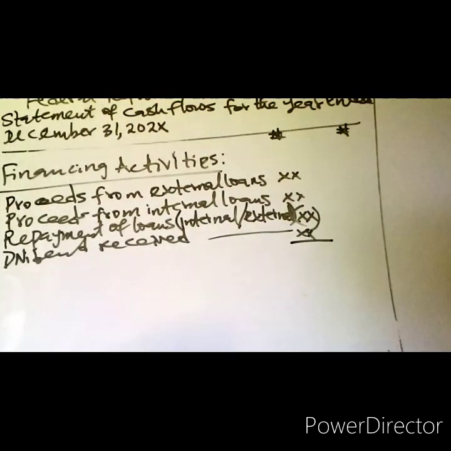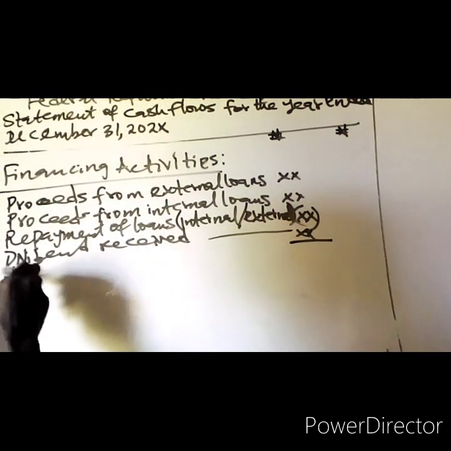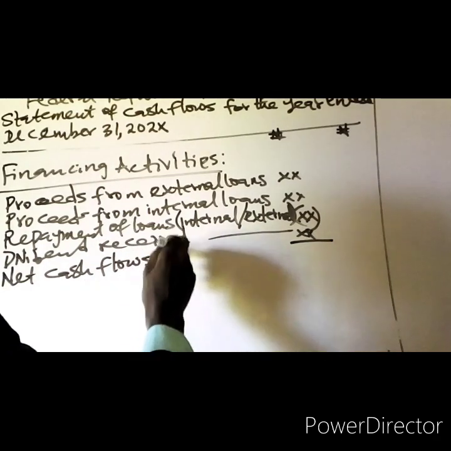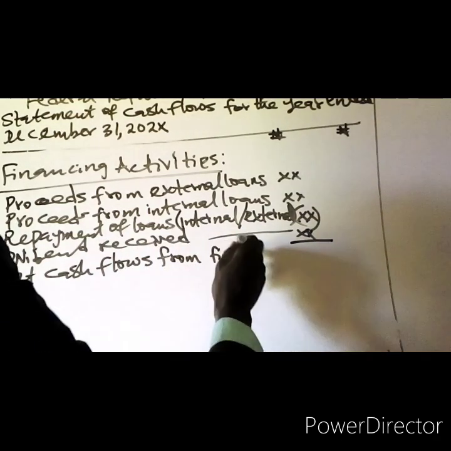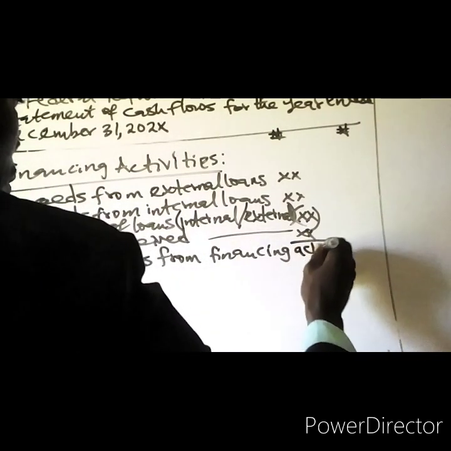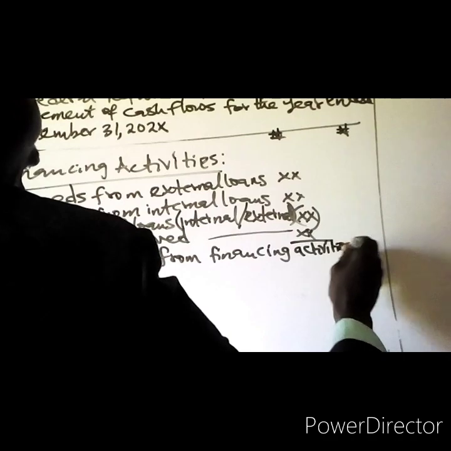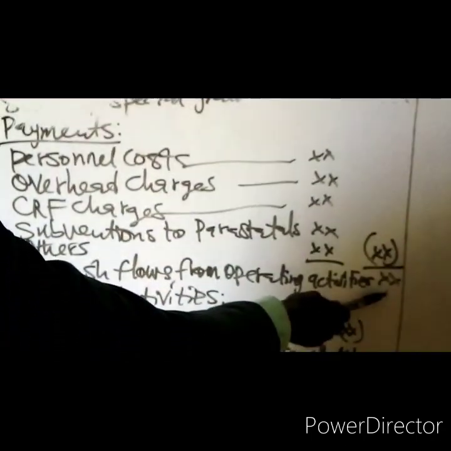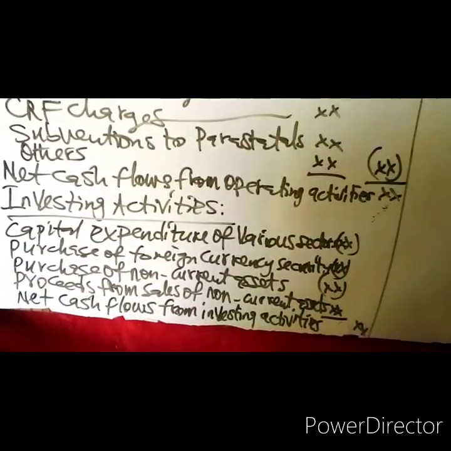You cast this. You now get net cash flows from financing activities. After this section, you add the net cash flows from operating activities and the net cash flows from investing activities.